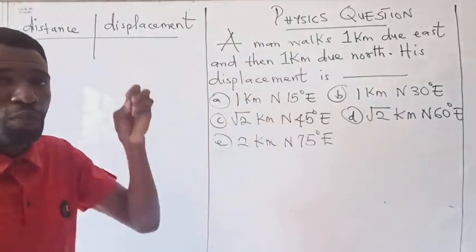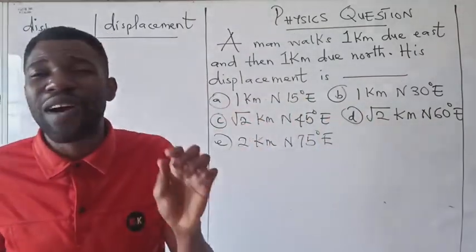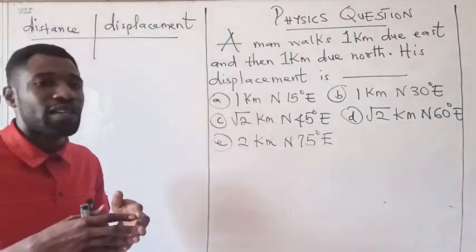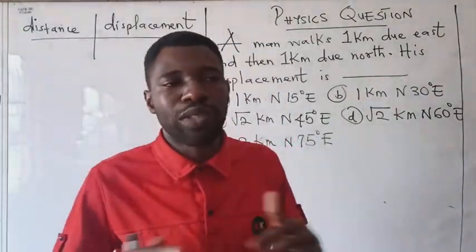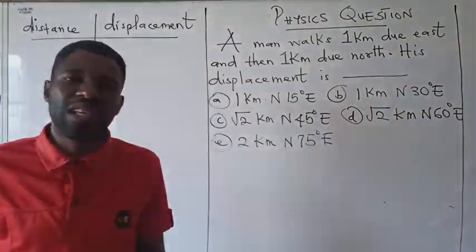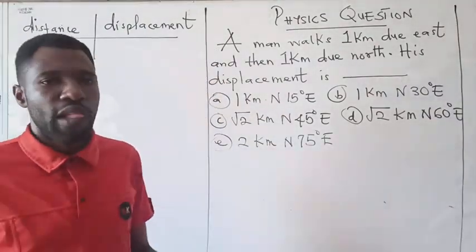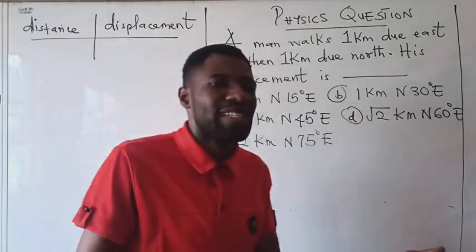Displacement is the distance traveled in a specified direction. Distance is simply the total length of the motion of a body. So if I say, for instance, your body moves 3 kilometers east and 4 kilometers north, what is its distance?